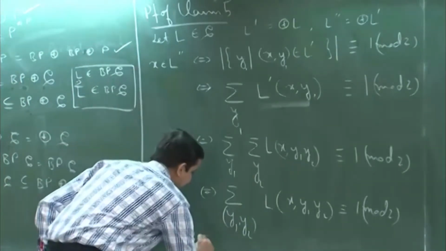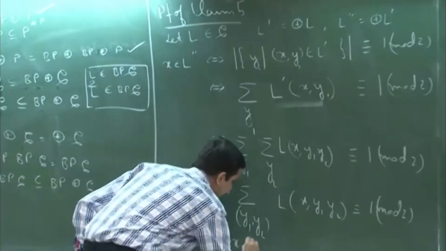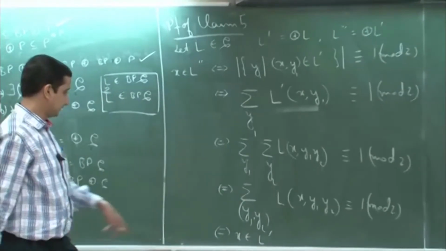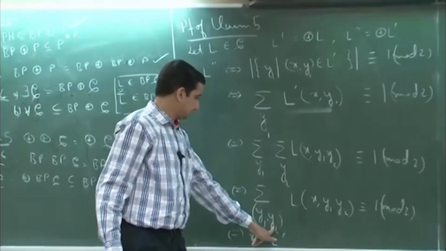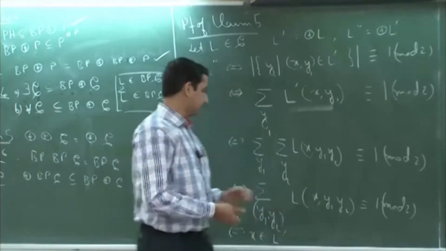So this implies that x belongs to L prime, because I have an odd number of certificates for that string x.